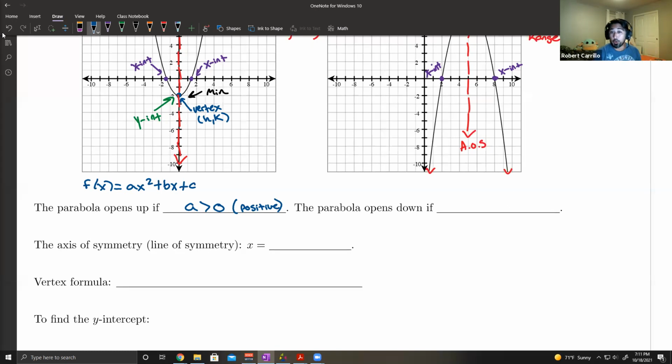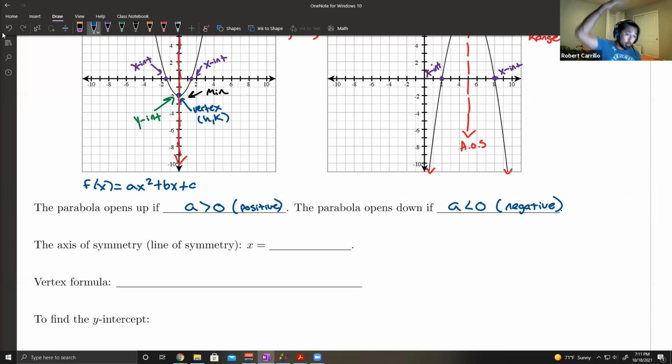And a parabola will only open down if a is negative, less than 0. All right. The axis of symmetry is given by the equation.